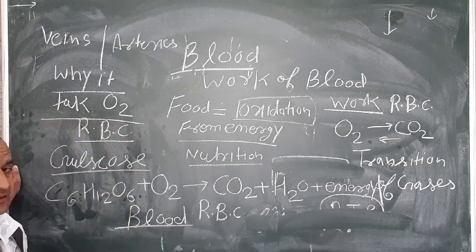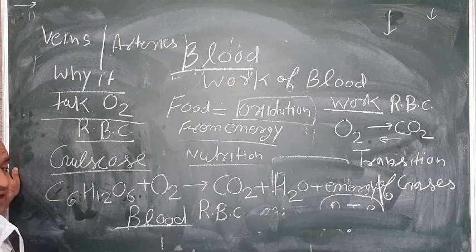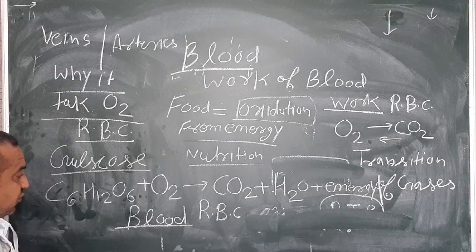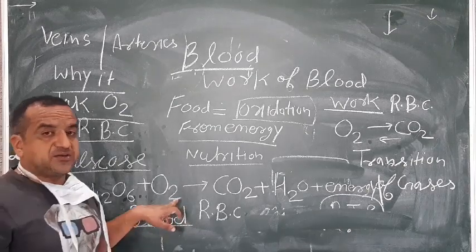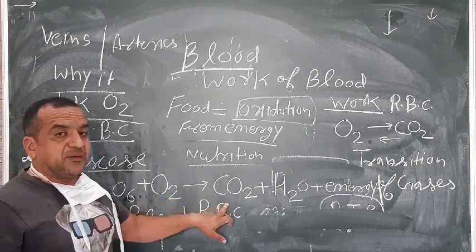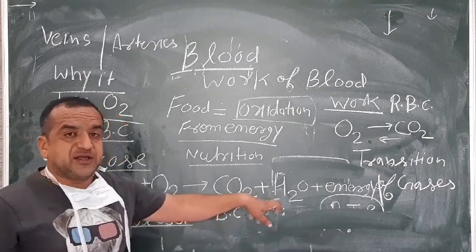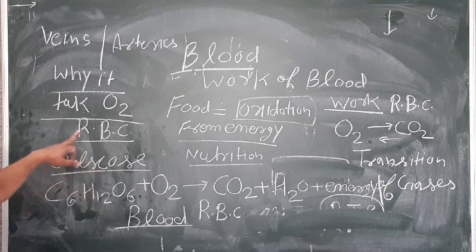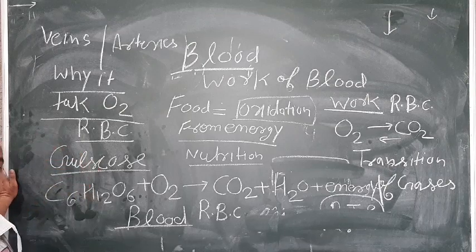The main work of RBC is taking the oxygen, oxidizing the food, making the energy and releasing the nutrition. The main ingredient in our food is called glucose. Oxygen oxidizes the glucose and makes carbon dioxide, water and energy in the form of ATP. And RBC take nutrition from all parts of our body and carry the energy.